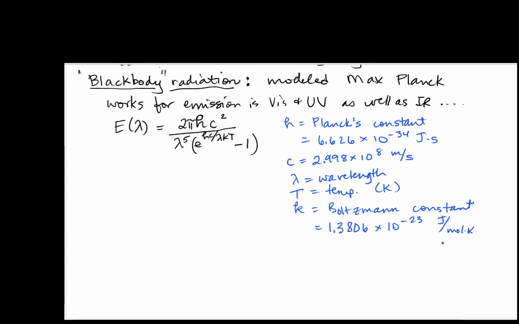Sometimes you'll see people write it in other units, but functionally what this really is, is just the gas constant divided by Avogadro's number. And so that's where we get the moles in here. Or excuse me, it's not even joules per mole Kelvin, it's just joules per Kelvin.